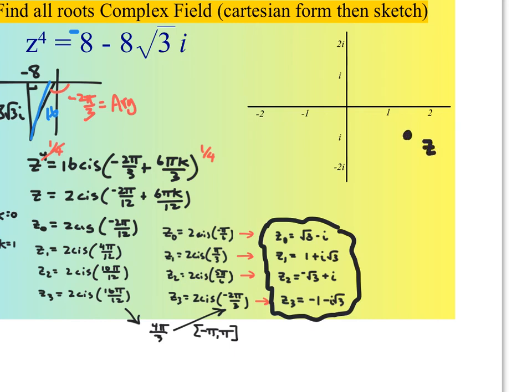That's z sub 0. That angle would be negative pi over 6. Then z sub 1 is 1 plus root 3 i. So there's z sub 1. Then z sub 2 would be right about here.